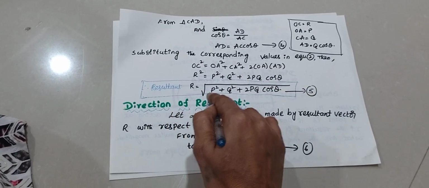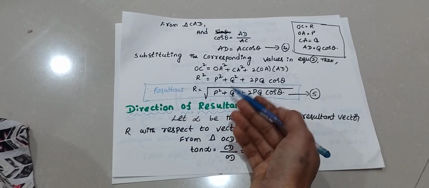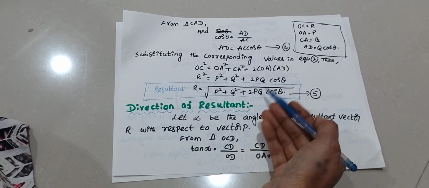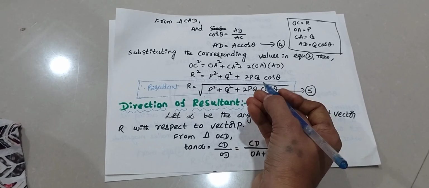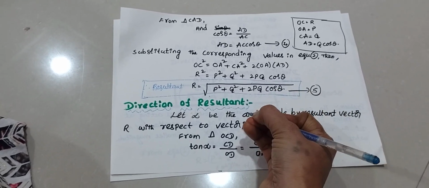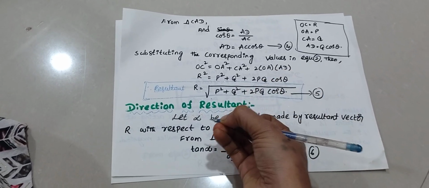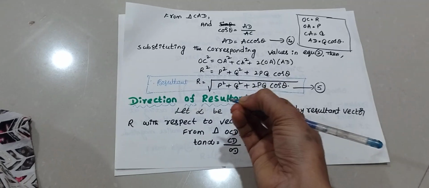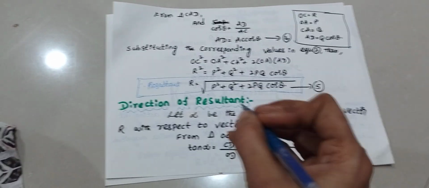Resultant R is equal to the square root of P square plus Q square plus 2PQ cos theta. This is the magnitude of the resultant vector, which is the diagonal of the parallelogram.